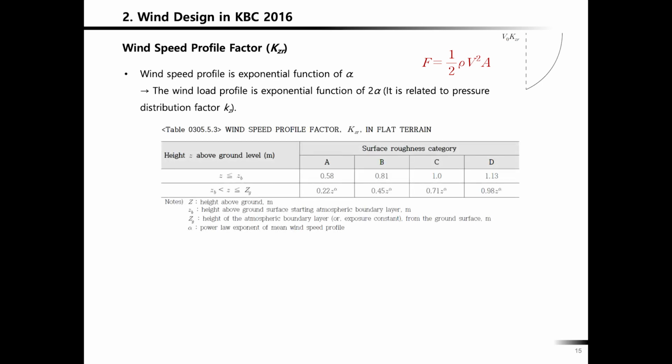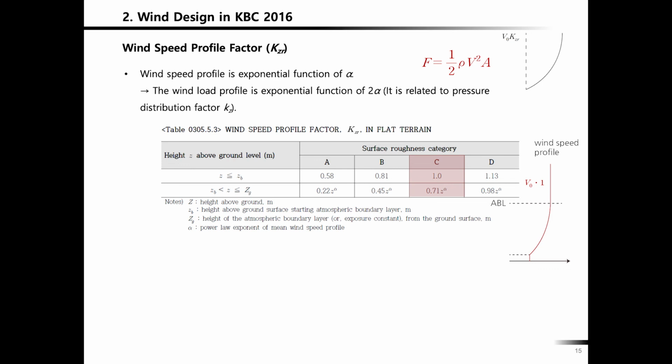Anyway, here, KZR: say our site is surface roughness category C. V0 is maintained above the atmospheric boundary layer, so it's multiplied by 1.